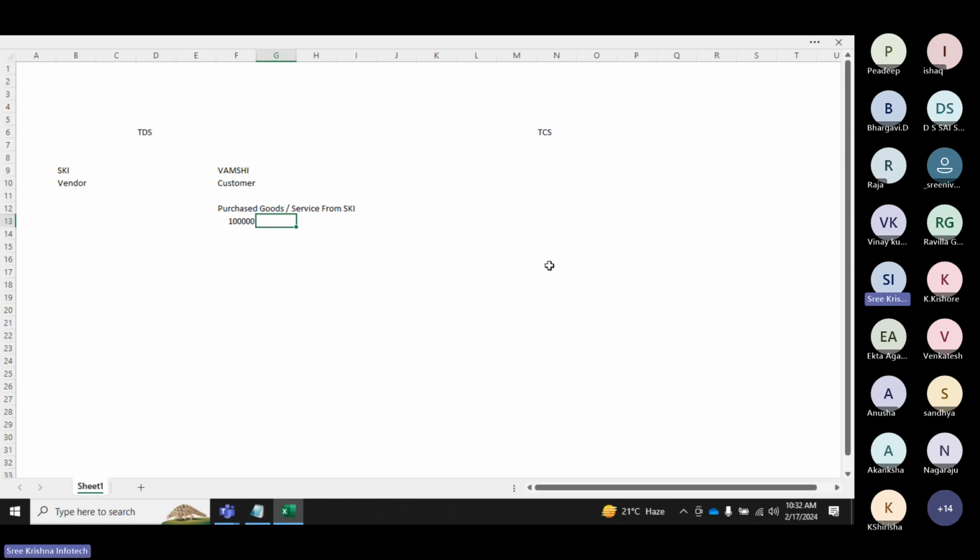So now Vamshi is deducting TDS on this invoice at 2%, 1%, 1.5%. That depends on the act, because we have different kinds of acts. So for example, the tax amount will be 2000 rupees. So Vamshi deducts 2000, and the remaining 98,000 will be paid to Sri Krishna as payment.